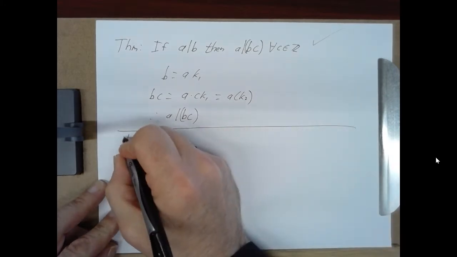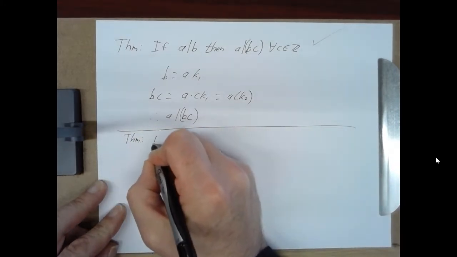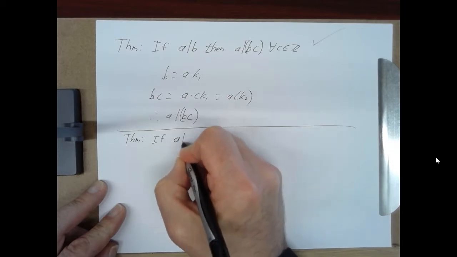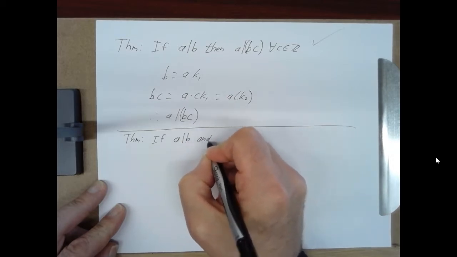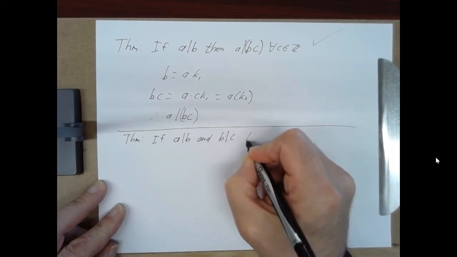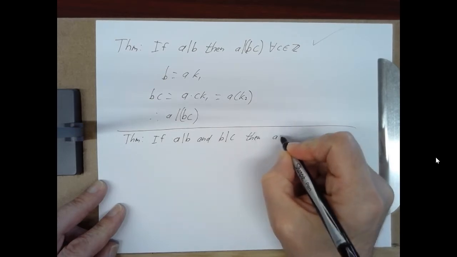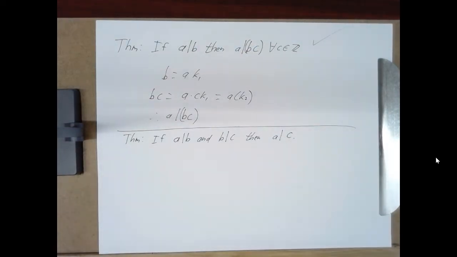And here's a third theorem. If A divides B and B divides C, then A divides C. So this divides that, and that divides this other thing, then this divides that other thing.